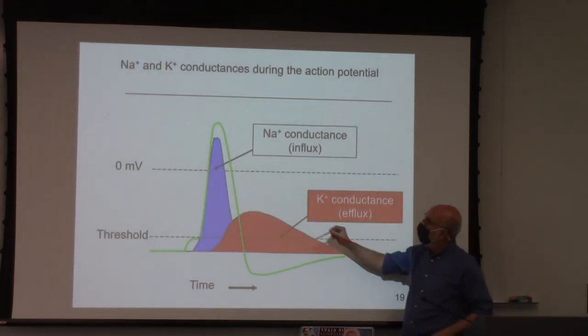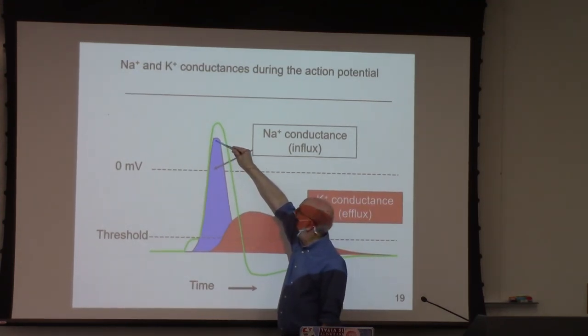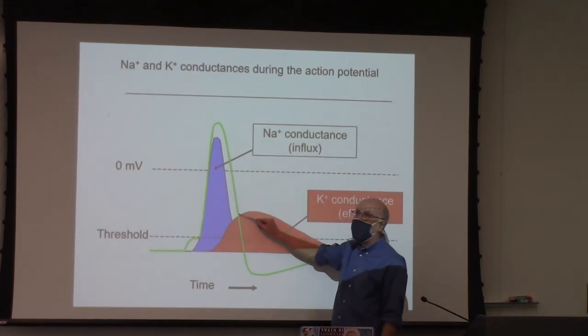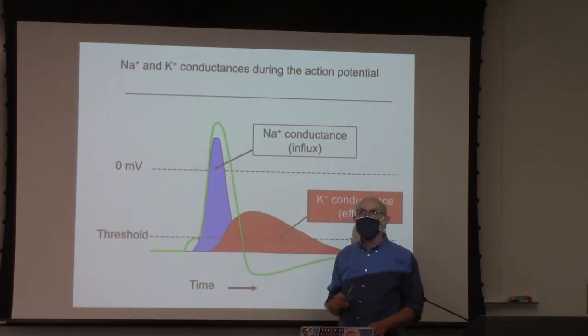So we have very fast activation of voltage-gated sodium channels, which then inactivate. We have slower activation of potassium channels, some of which inactivate and some of which don't, and that's an upper level issue.